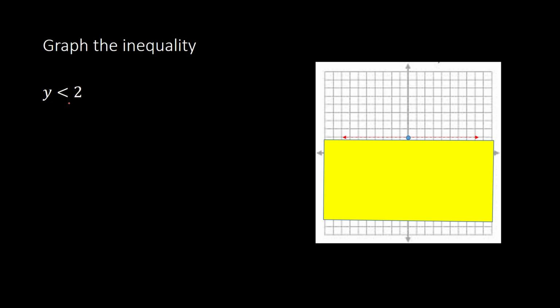And it may be difficult to see on the slide, but that's a dotted line. And the shading is less than, so it's going to be below. And that would be your graph. And then if it were y is greater than 2, once again a dotted line at 2 because of it just being a greater than sign. There's no equal component. And the shading would be above that line because it is greater than.